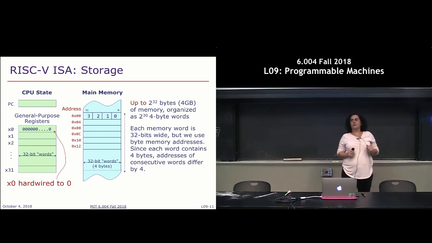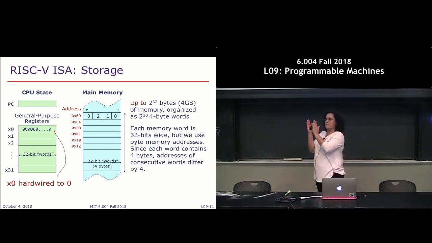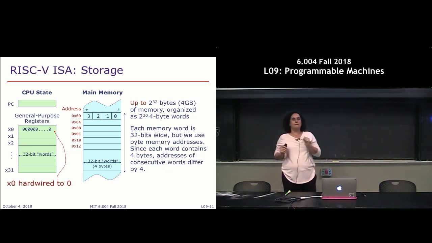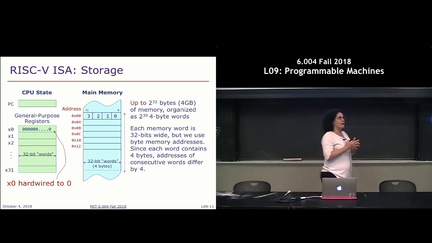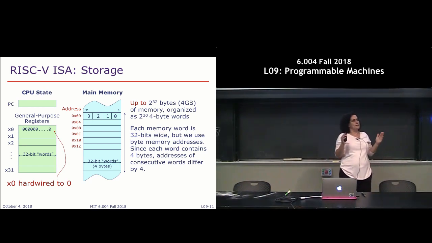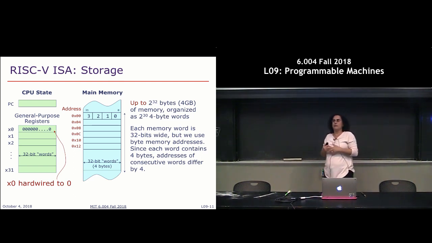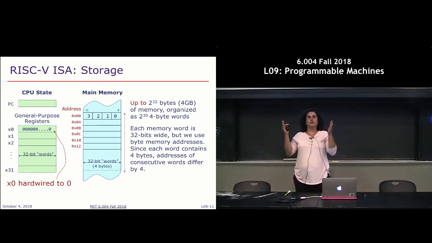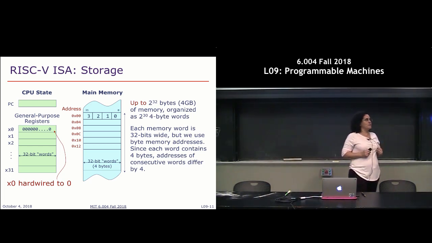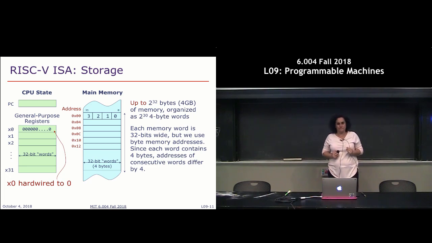Byte refers to 8 bits, and so any address is always going to point to a chunk of 8 bits at a time. But our instructions and our data and everything is going to be 32 bits. And so if you think about the number of 32-bit units that we have, we actually have 2 to the 30 4-byte words supported by this 32-bit architecture.